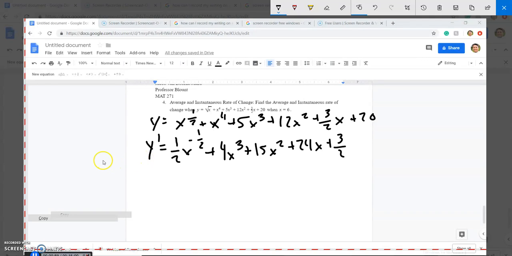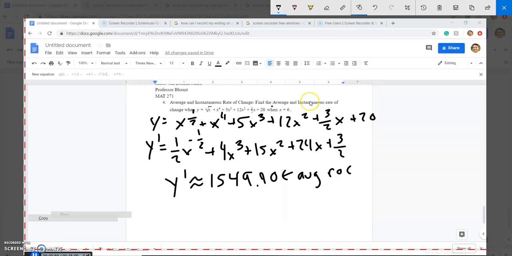Doing that, plugging in 6 for x, we plug it into the calculator, and y prime is about 1,549.70, rounded. And once again, this is the average rate of change, the slope of the secant line of that graph. Okay.